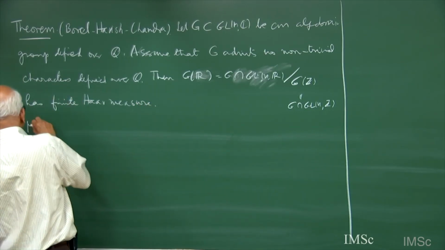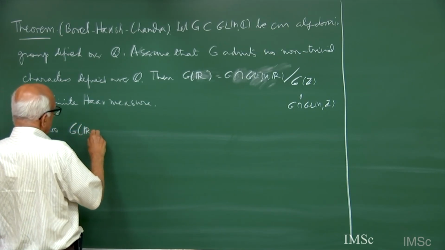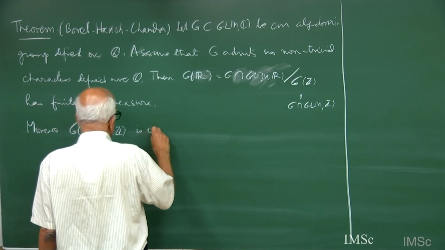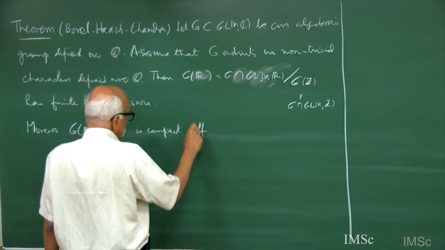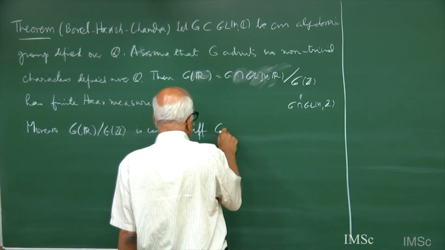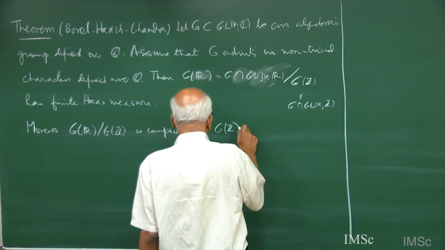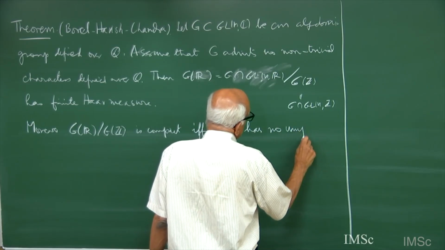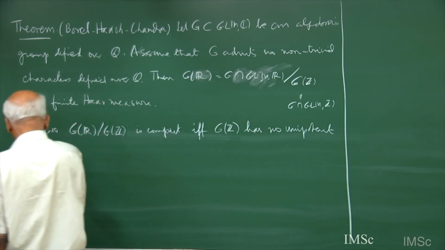Moreover, GR by GZ is compact if and only if GZ has no unipotent elements.